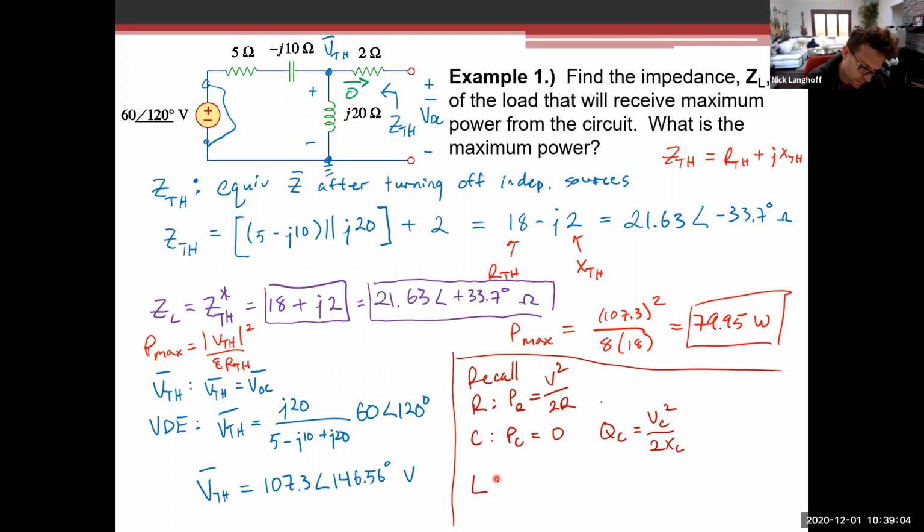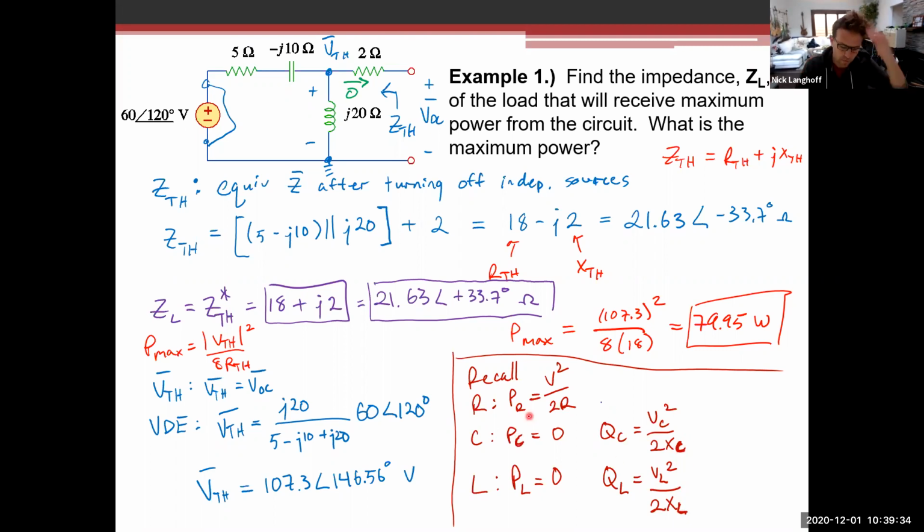And for an inductor, remember that the average power, or real power, delivered to an inductor is 0. But its reactive power is going to be VL squared over 2 times X sub L. And this is a C, and that's an L down there.